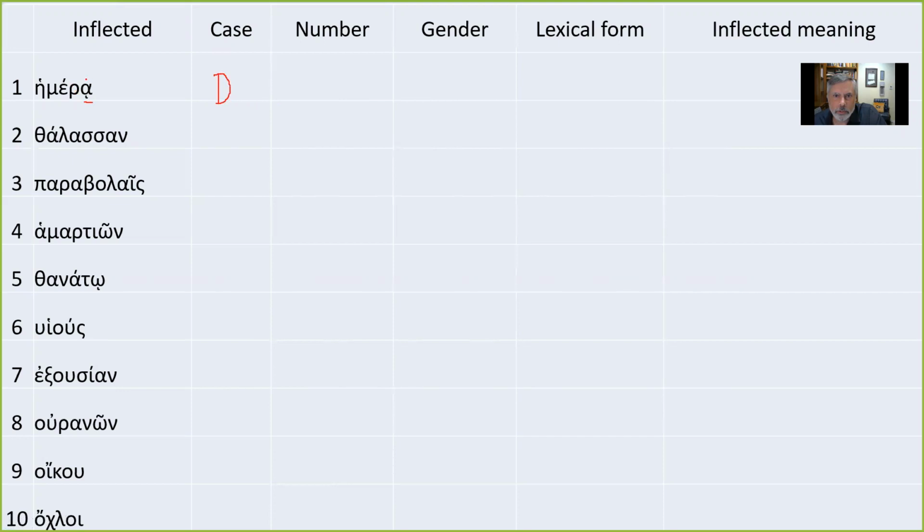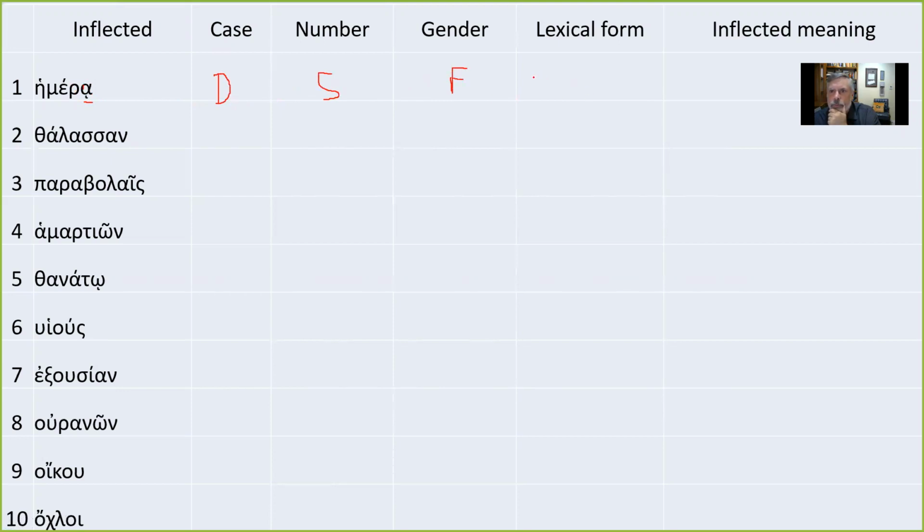The number is singular. You see the alpha with the subscript iota, that's the dative singular. The gender: because the alpha stem ending is feminine, this is a first declension feminine singular noun.